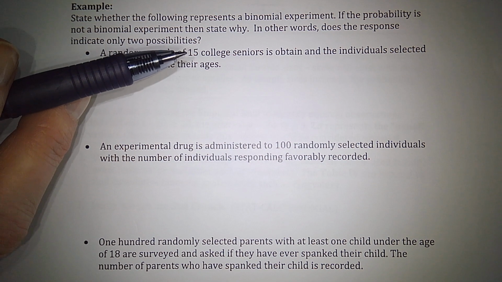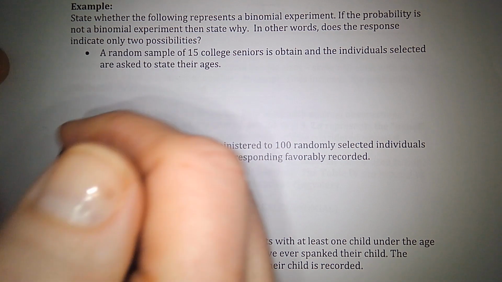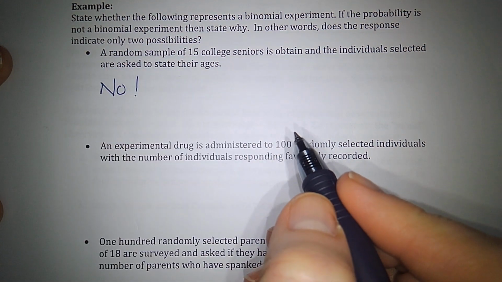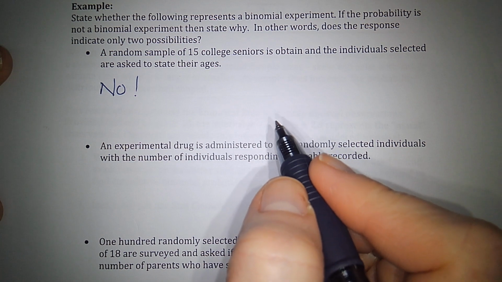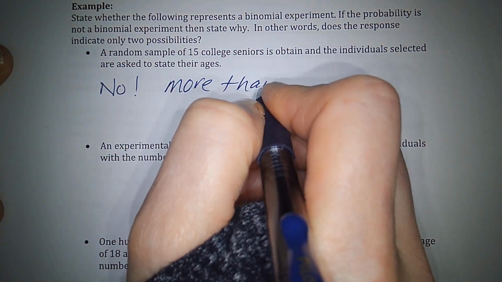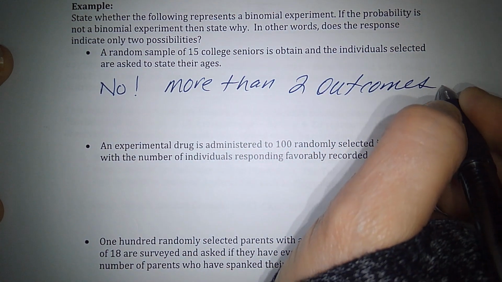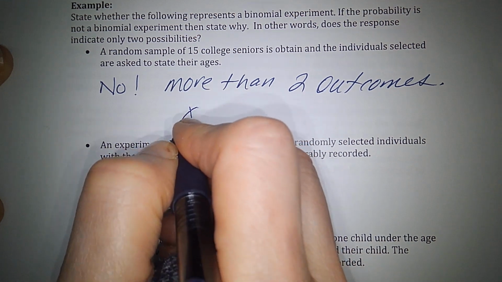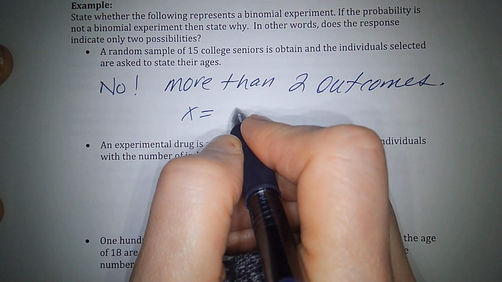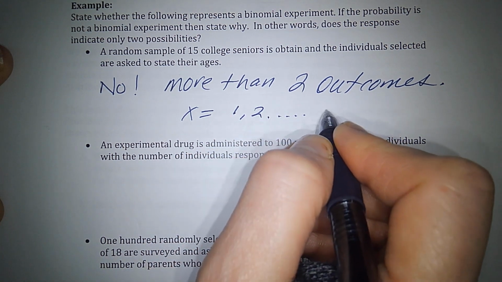So there's an unlimited number of choices for which the outcomes might result in. So no, this would not be a binomial discrete probability distribution because there are more than two outcomes. X can be any number ranging between 1 all the way up to infinity.